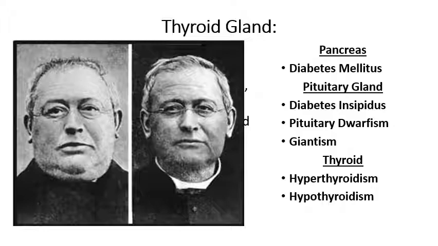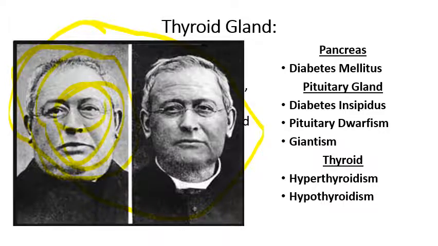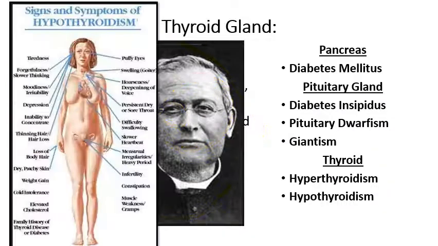This is back from the late 19th century, where they figured out that you could treat hypothyroidism by taking the thyroid glands of cadavers. You would take the thyroid glands out of dead people, dry them out and crush them into a powder and make them into a pill without knowing what the active ingredient was inside the pill. And then you could convert a hypothyroid person into a regular person. Today we have artificial thyroid hormone.